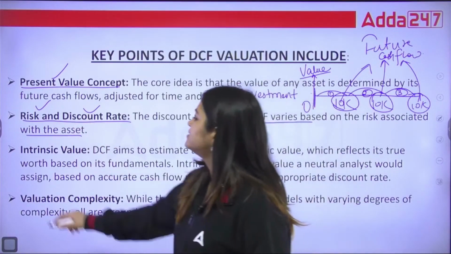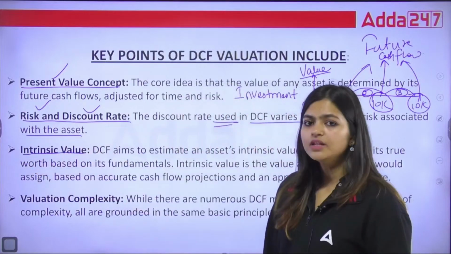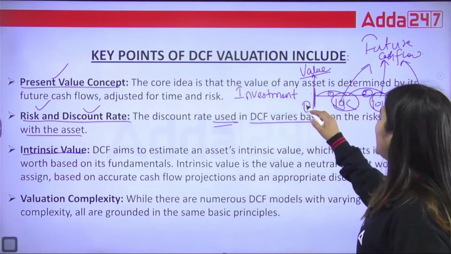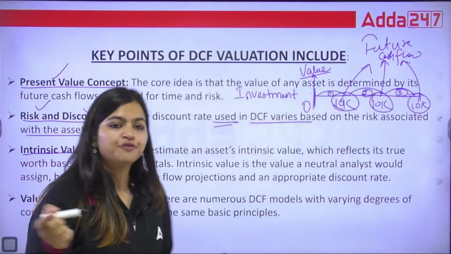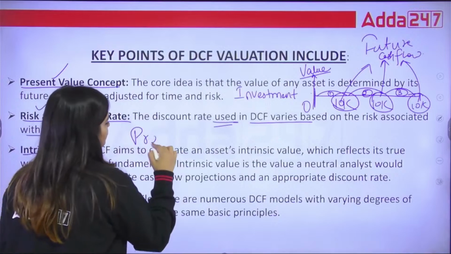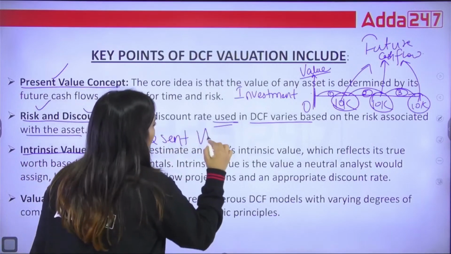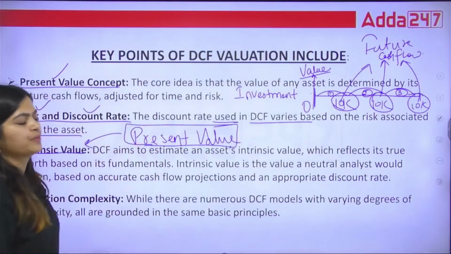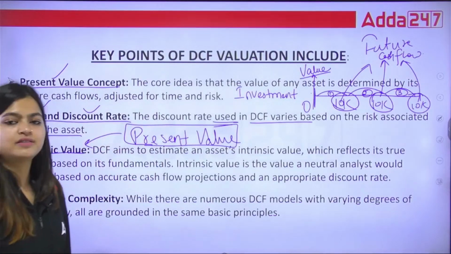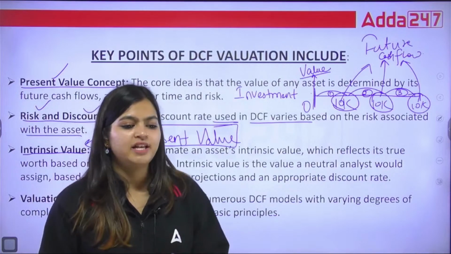Correct? Next is your intrinsic value. Whatever present value you get after using the discount rate, after the discounting, that is your intrinsic value. Okay, that is your intrinsic value. Now at the present you have two values.